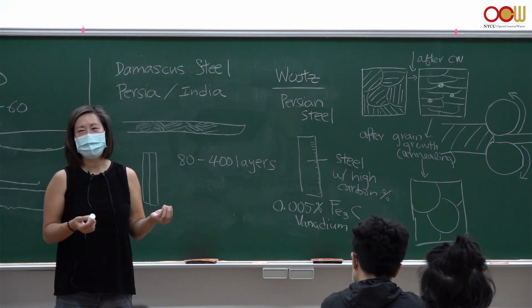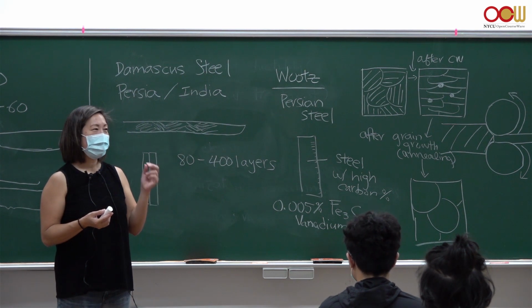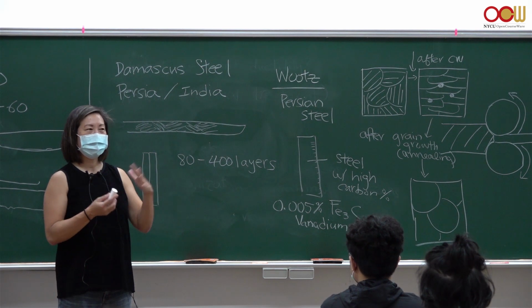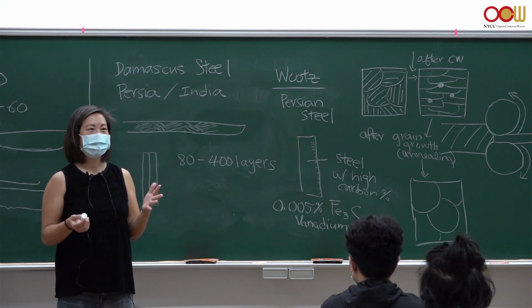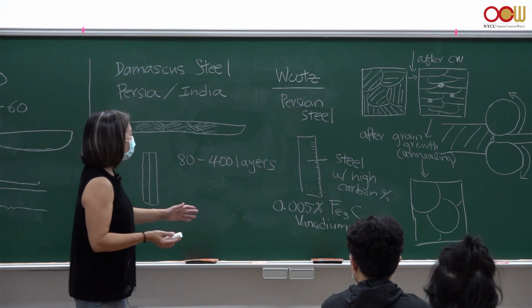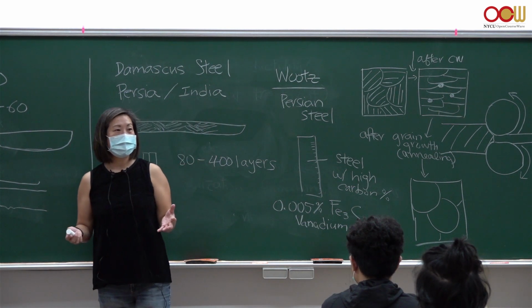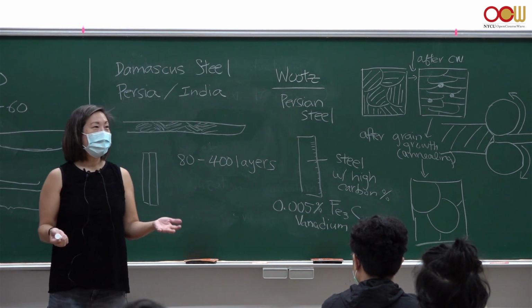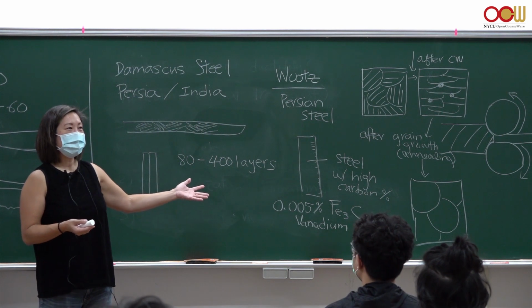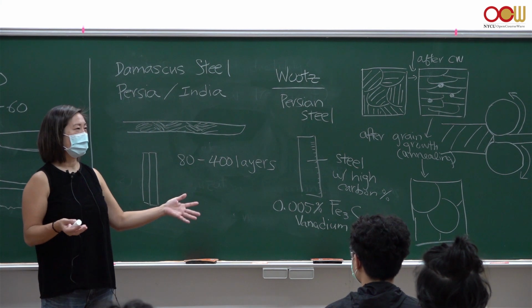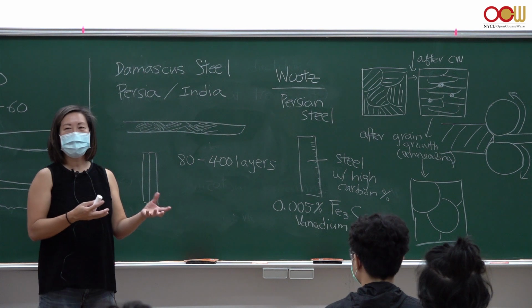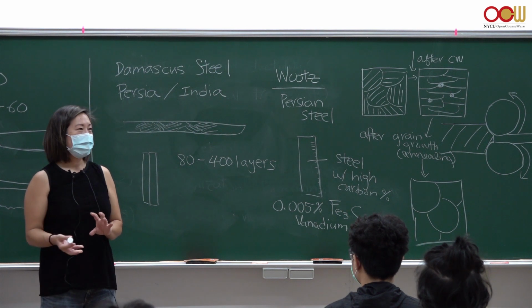It's such a small amount that they don't know why having that small amount of vanadium stabilizes that structure. But it does. And what they think happened, the reason why the technique was lost, is that no one knew why wootz was able to be made, right? No one had that understanding that you needed this amount of carbon with this amount of vanadium.